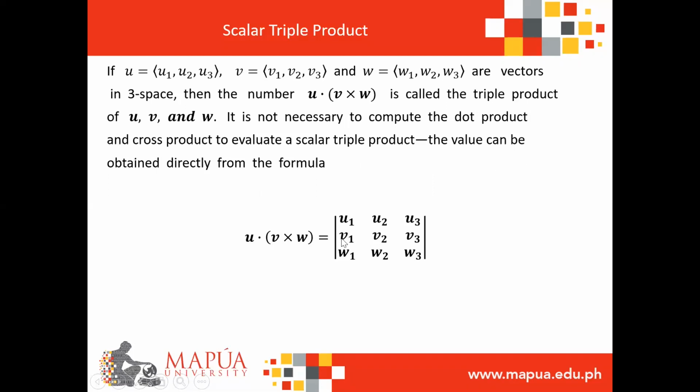Then the second row is v1, v2, v3. And the last row is the components of vector w: w1, w2, and w3. So we have here a 3 by 3 matrix, and calculating the determinant will give you the scalar triple product.